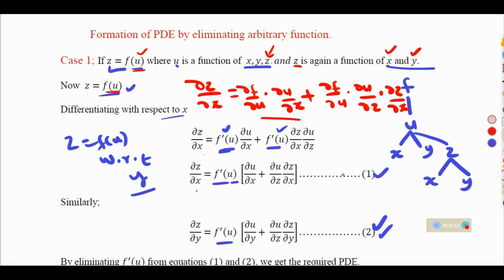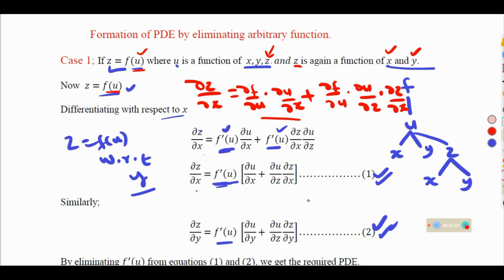So when we look at the two equations, that is 1 and 2, we can easily eliminate f derivative of u by dividing the two equations. So when we divide the two equations, then we can easily eliminate f derivative of u.